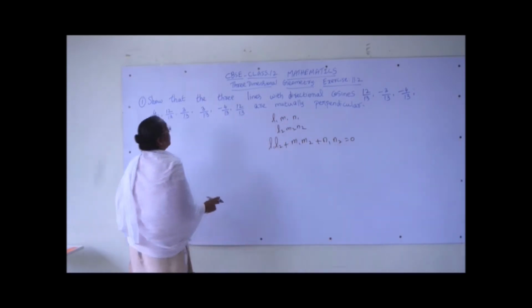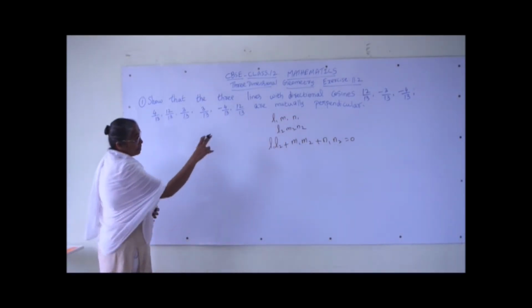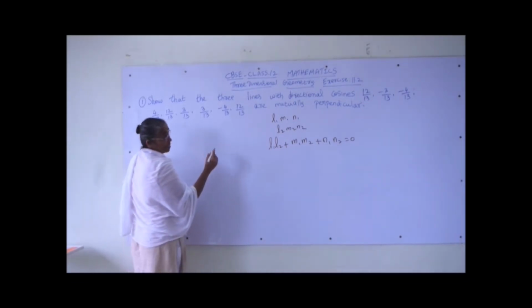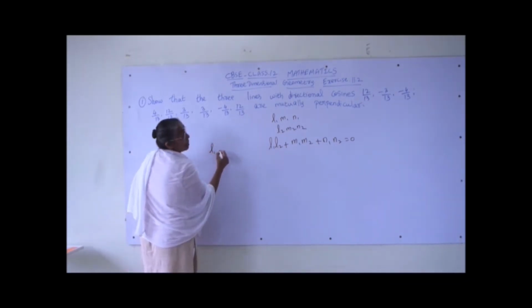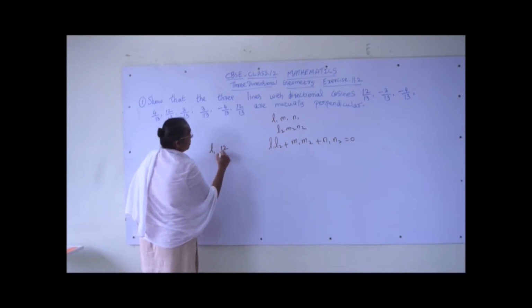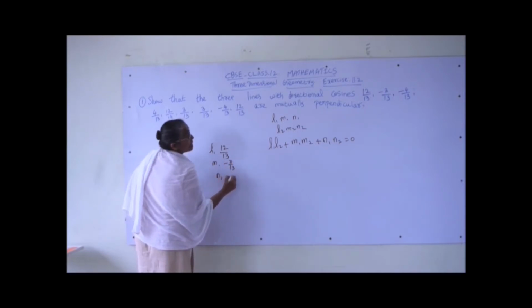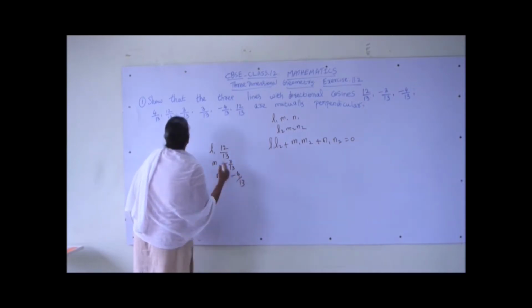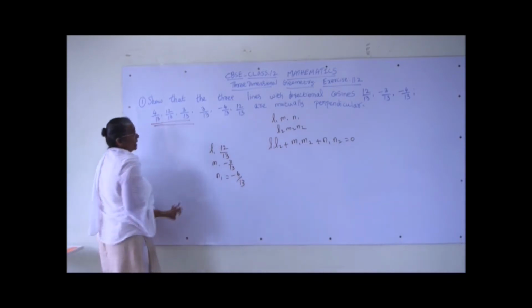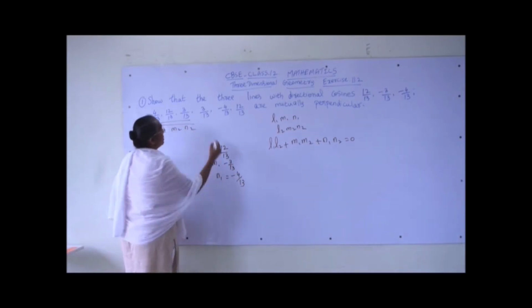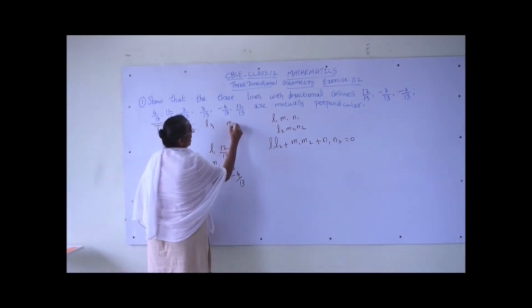Now we have to prove that they are mutually perpendicular. Suppose the three lines are: the first line, consider the direction cosines l1, m1, n1 as 12/13, -3/13 and -4/13, and the second and third lines have direction cosines l2, m2, n2 and l3, m3, n3.